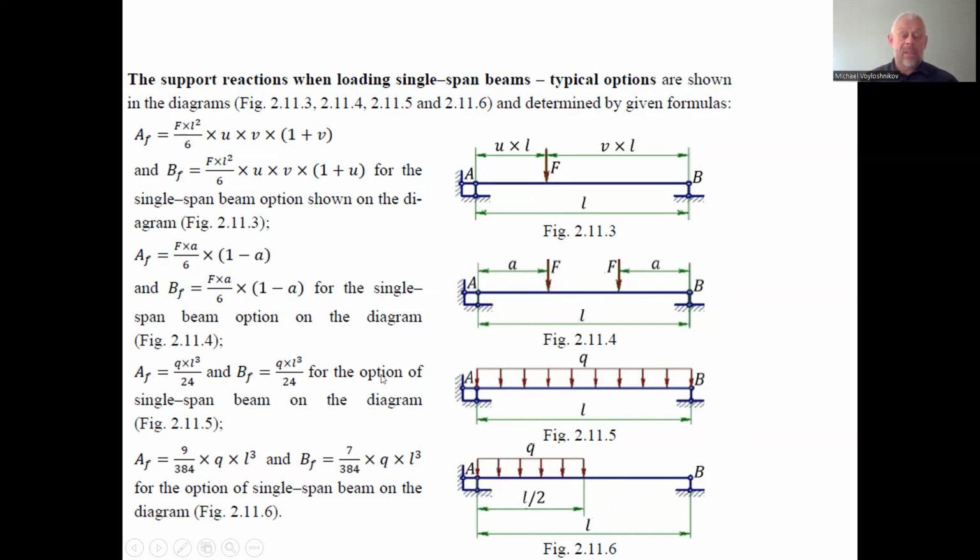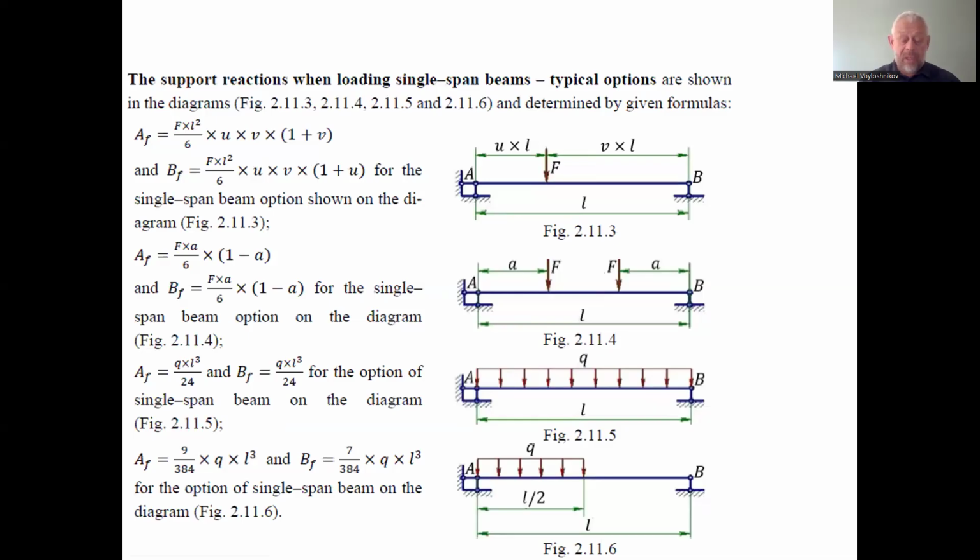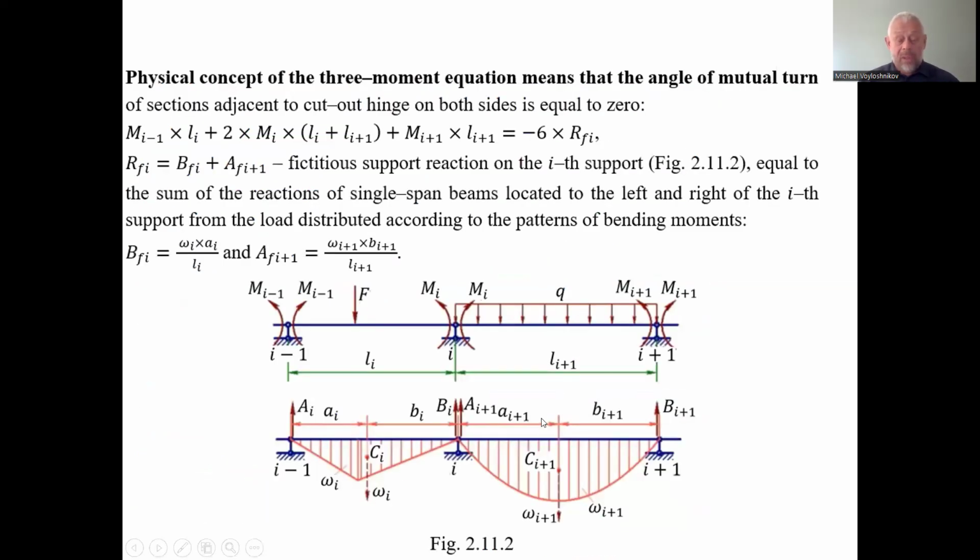So this is about the typical options which can be used to determine the fictitious support reaction on a definite support of the continuous beam, when we make from the statically indefinable continuous beam a statically definable mechanical system of single span beams.